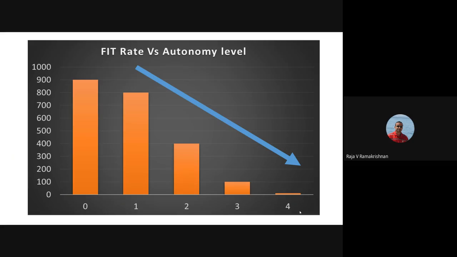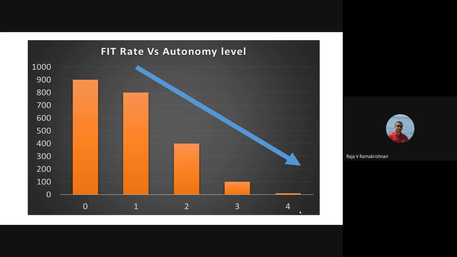Now, you can quickly see that when we go for full autonomy, each and every individual system in our vehicle has to have a very low FIT rate. That means even after a failure, the system can work properly. That's the same concept we are trying to bring. Now we know what we need to do by looking at the FIT rate. We need to bring down the FIT rate.